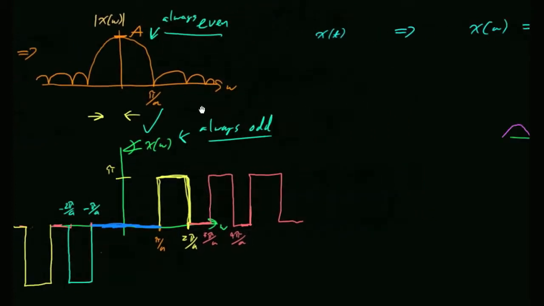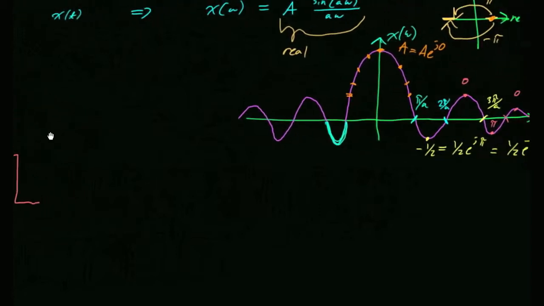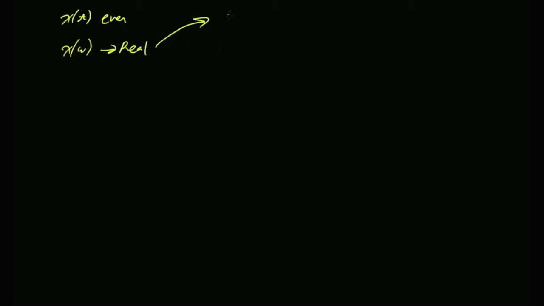As a result of it being even, x of omega was purely real, which meant your phase angle either has to be 0 when x of omega is positive, or it had to be either pi or negative pi when x of omega was negative. And that's it.